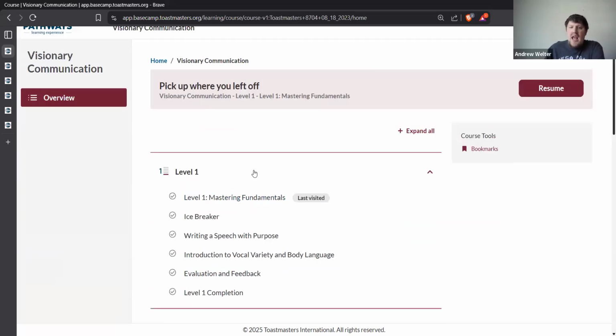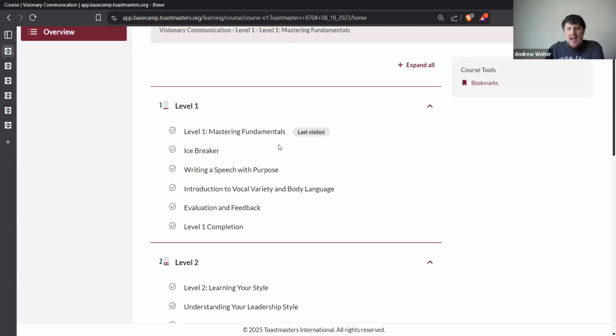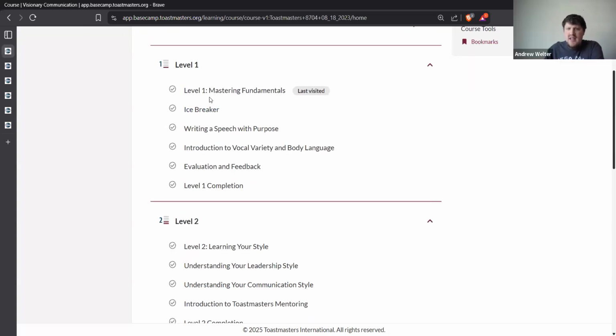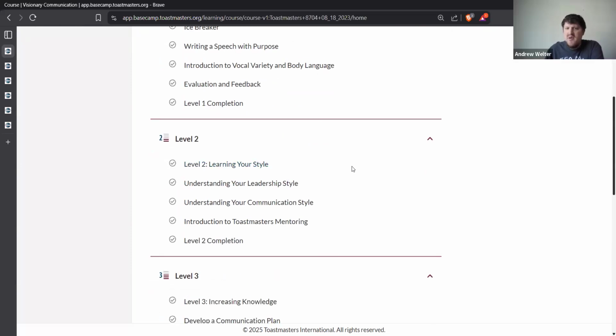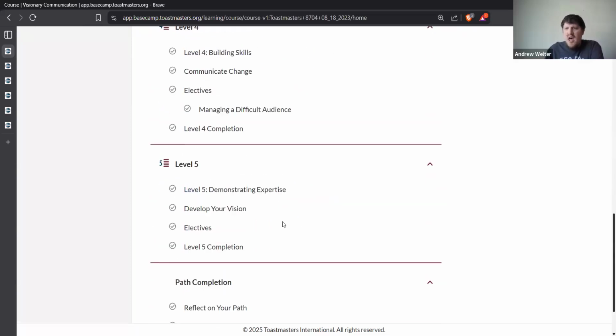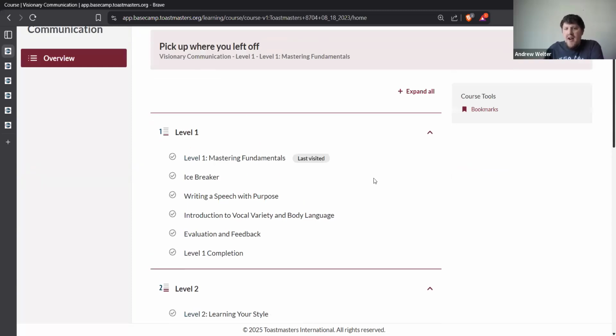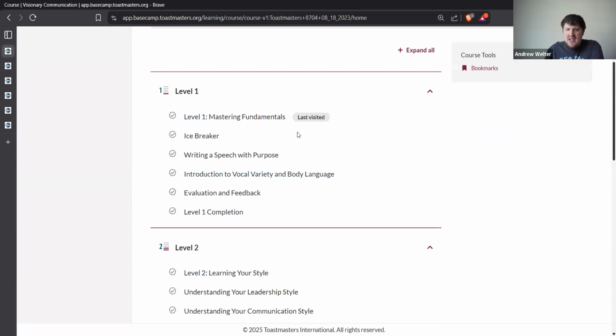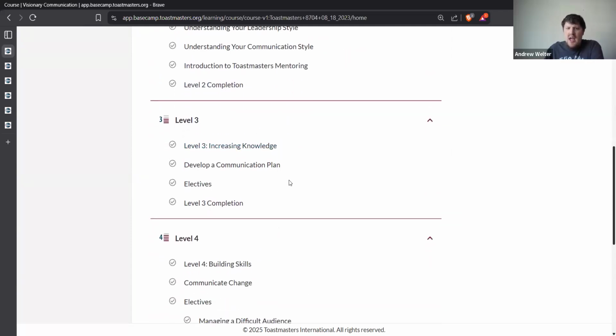With the enhancements, they added to all of the levels this very first thing that's got the level, so you can see here level one, mastering fundamentals, level two, learning your style, all the way down through level five. That's where you're going to find all of this enhancement material, in this section right here.